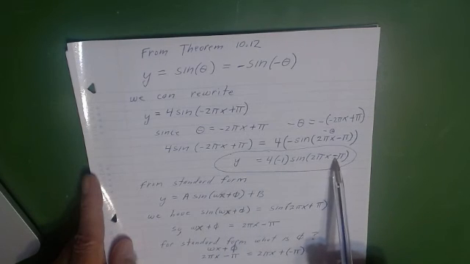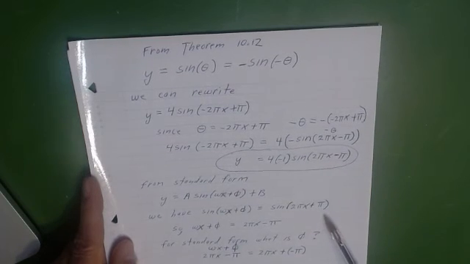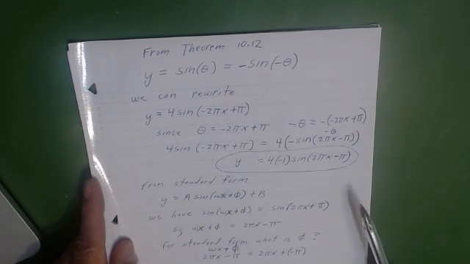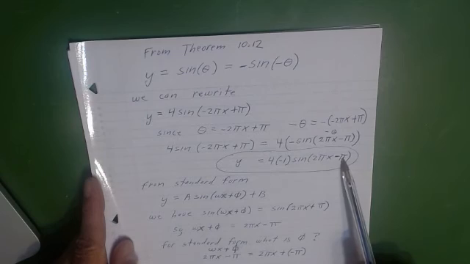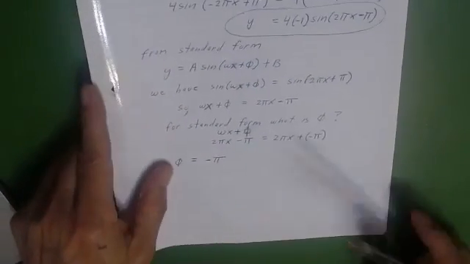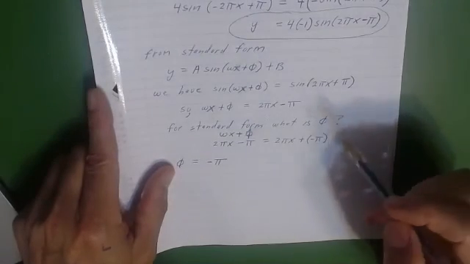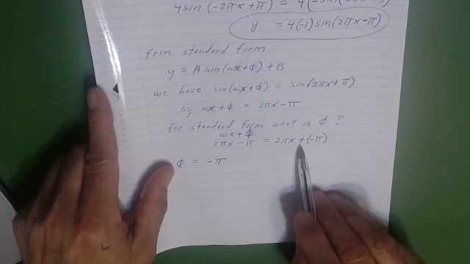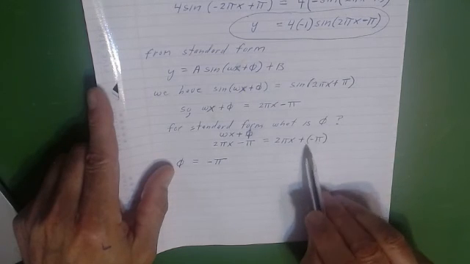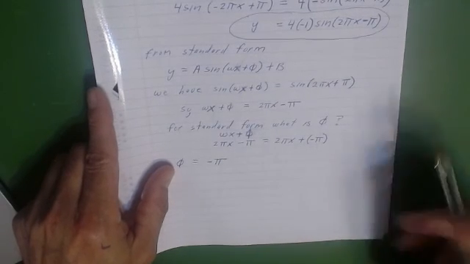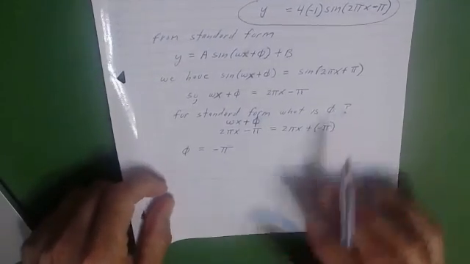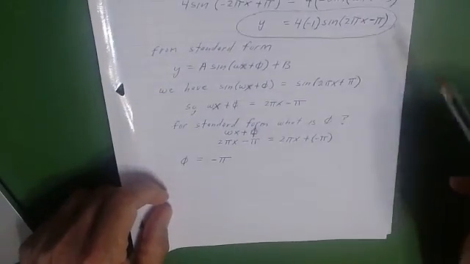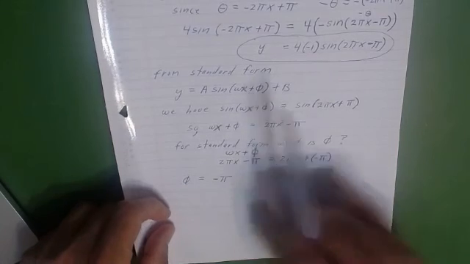We've got a problem here because now we have a minus something, but we've dealt with this before, right? We want that to be a plus something, but it's minus pi. So we notice that we can rewrite negative pi as plus a negative pi. That tells us we have phi, because from our standard form we're plus phi.